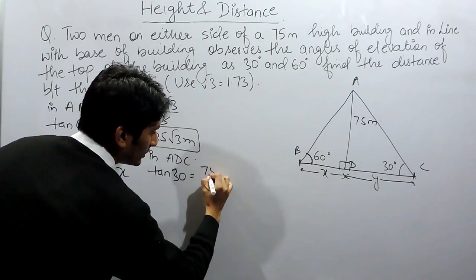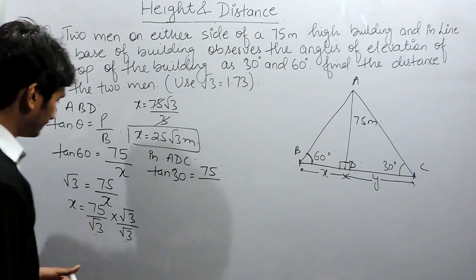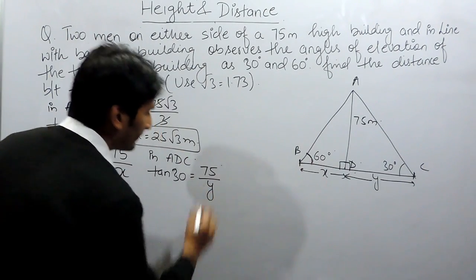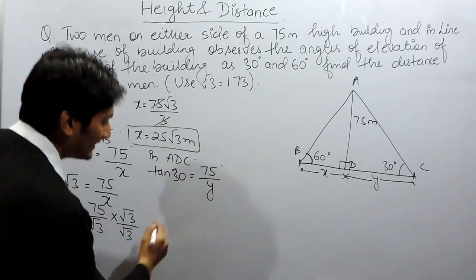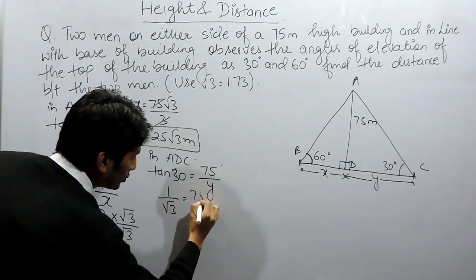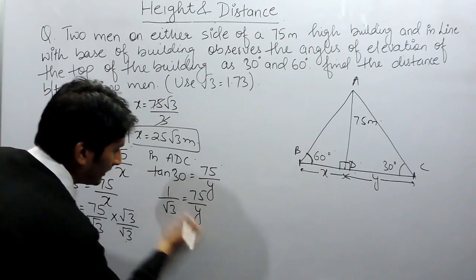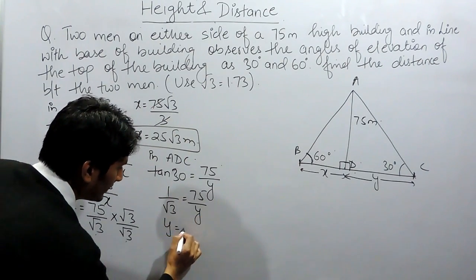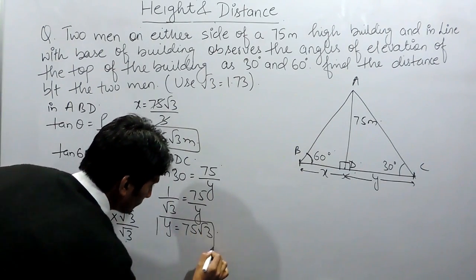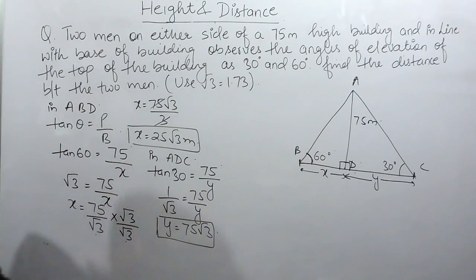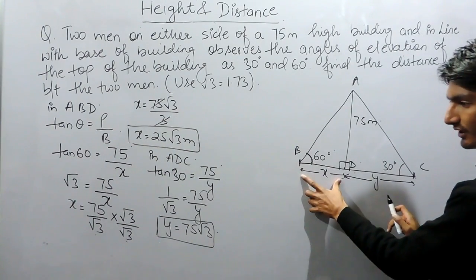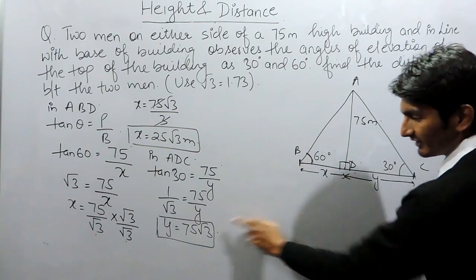Here the perpendicular is 75 and the base is y meters. The value of tan 30 degrees is 1 upon root 3, and this equals 75 upon y. If I cross multiply, the value of y will be 75 root 3. So this distance is 25 root 3 and this distance is 75 root 3.